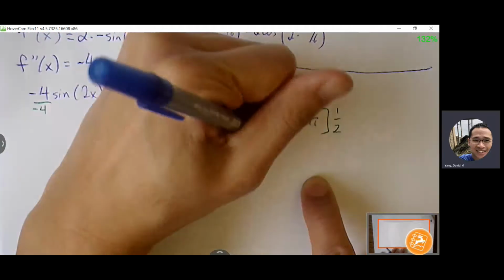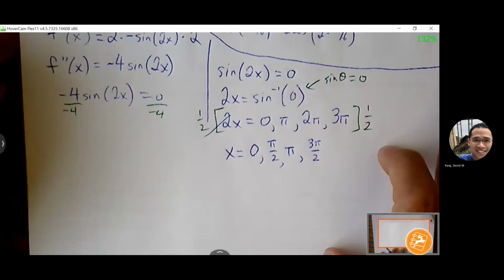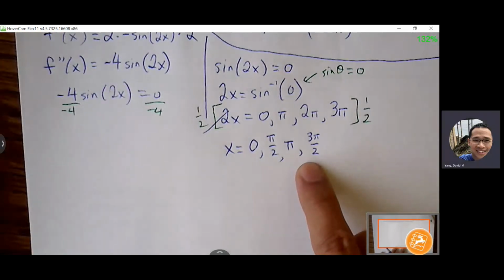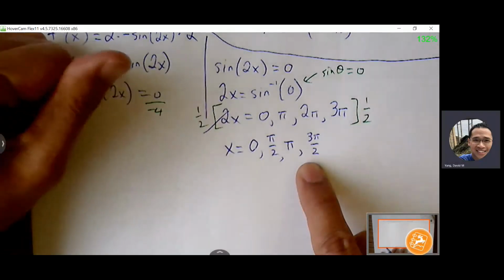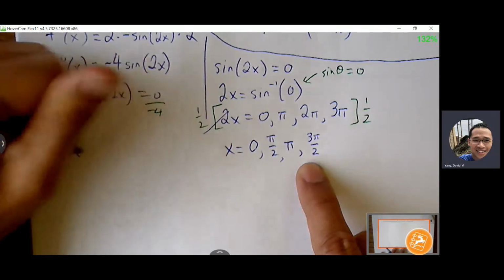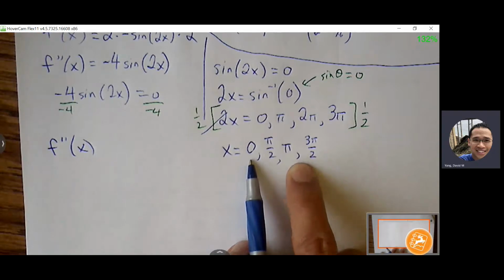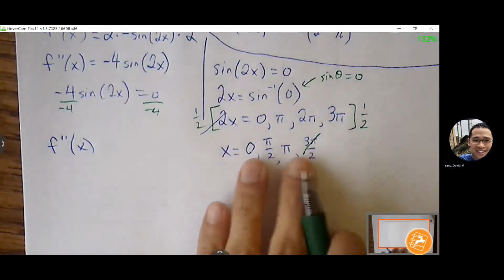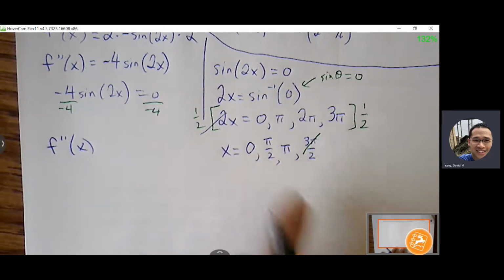And 3 pi over 2. Okay, f prime, f double prime. Well, first off, our subinterval is only from 0 to pi, so I can eliminate 3 pi over 2, right?